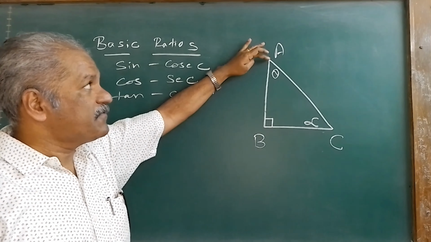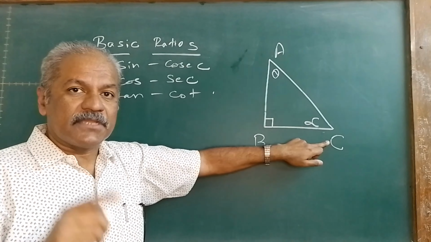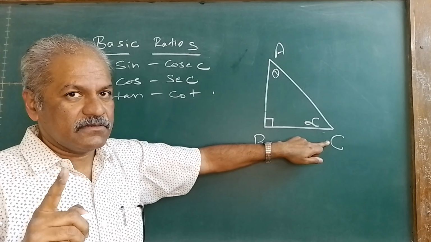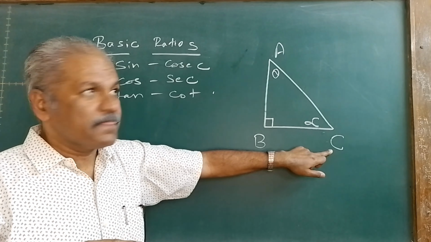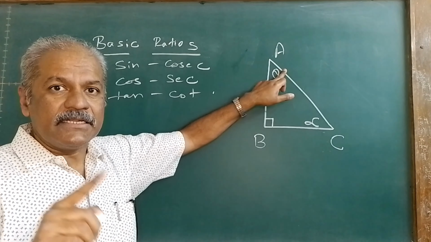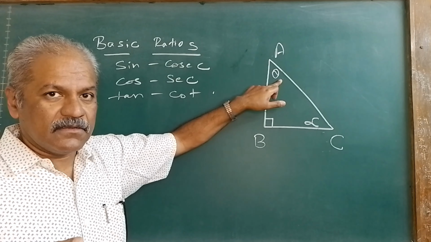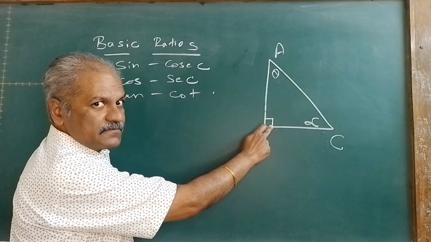If I take A angle as 50, C angle will be 90 minus 50, that's 40. Am I right? If I take C angle as 30, A angle will be 90 minus 30, that is equal to 60. Done?